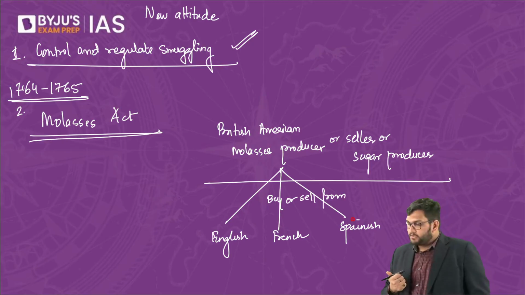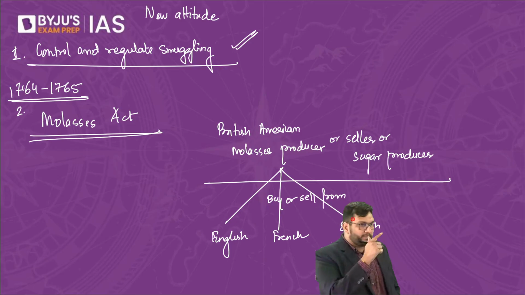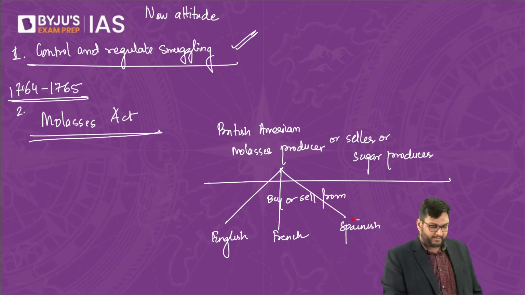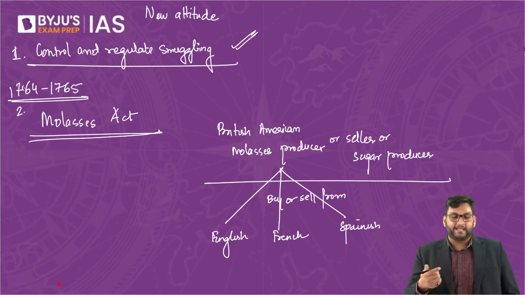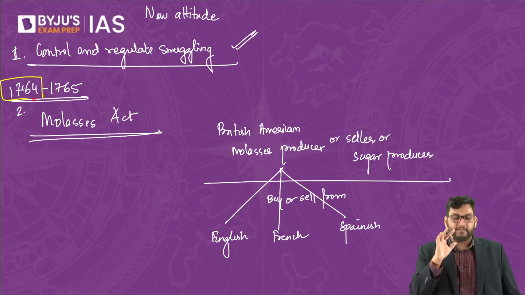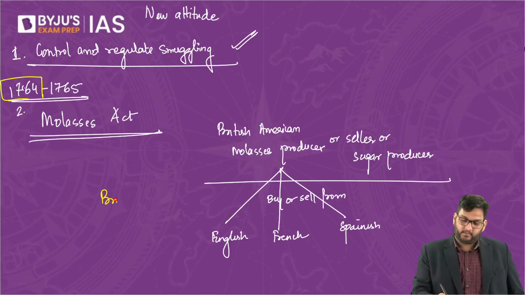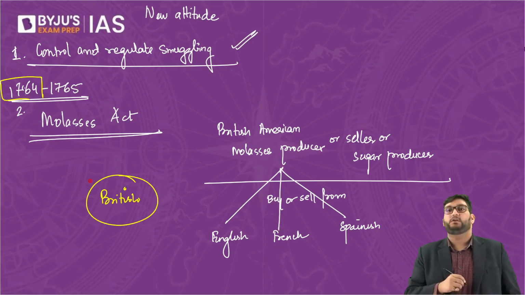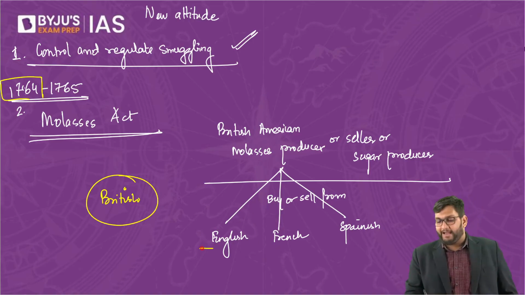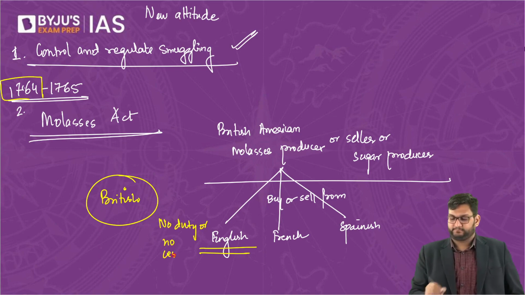However, the simple straightforward point is that the Molasses Act was amended in the 1763-64 period, wherein what the British argued was that if you buy from the English, there is no duty or no cess.